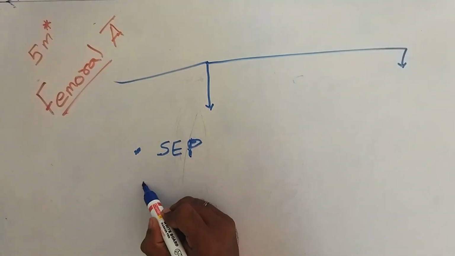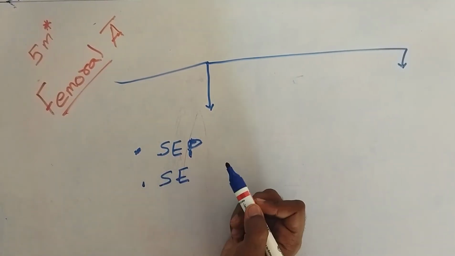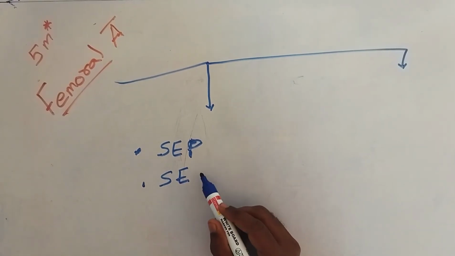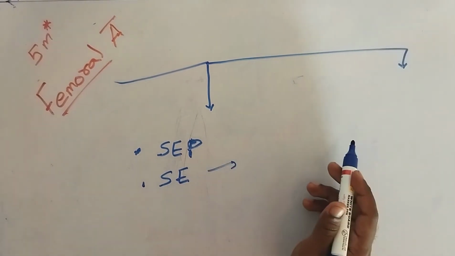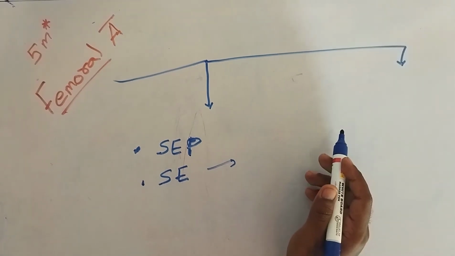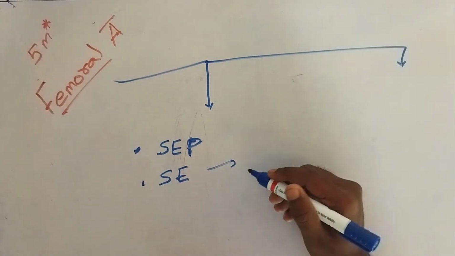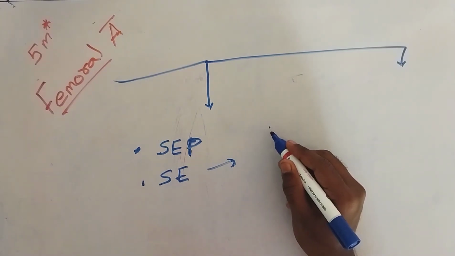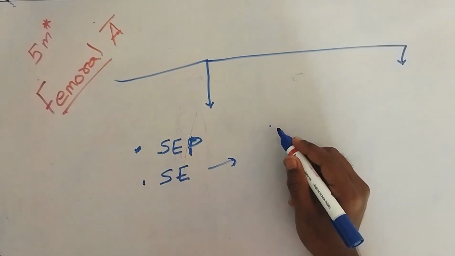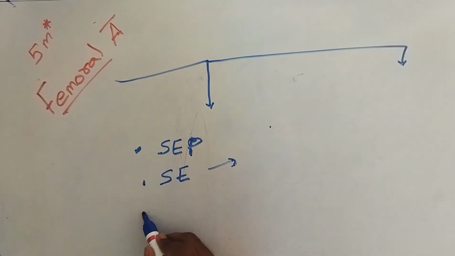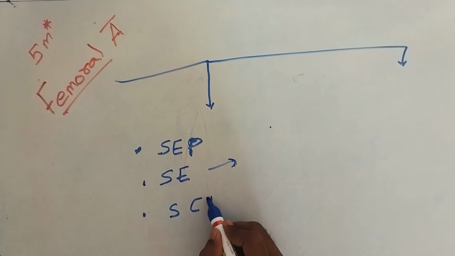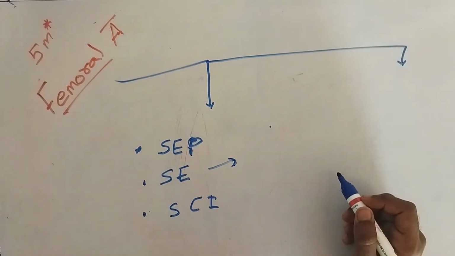Next, the superficial epigastric artery. This supplies the skin and fascia of the lower parts of the anterior abdominal wall. Third one is the superficial circumflex iliac artery.